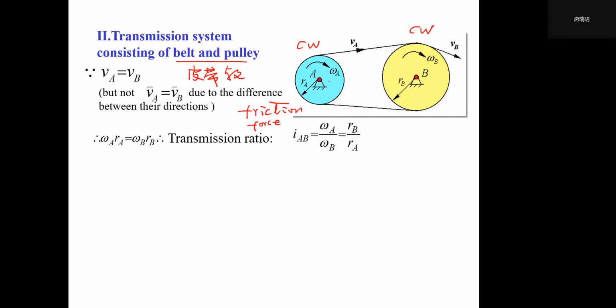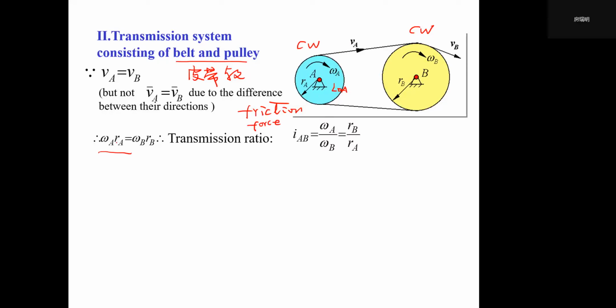So we must make the length of LOA big enough to let the pressure between belt and pulley be large enough, so the friction force lets these two wheels rotate together. See? At different points of the belt, we will have the same magnitude of velocity, right?